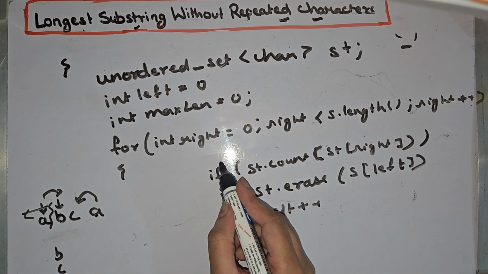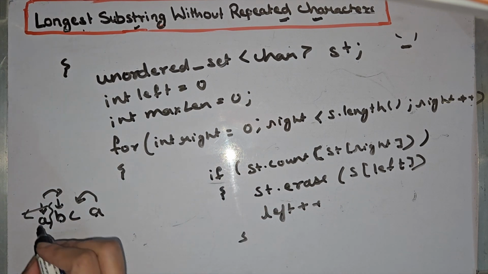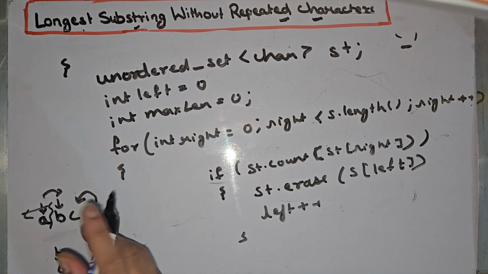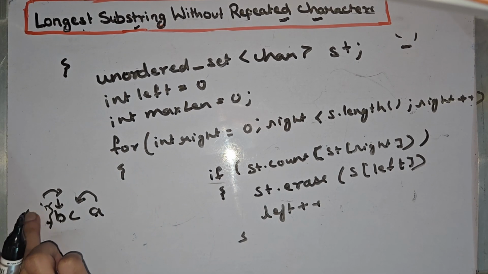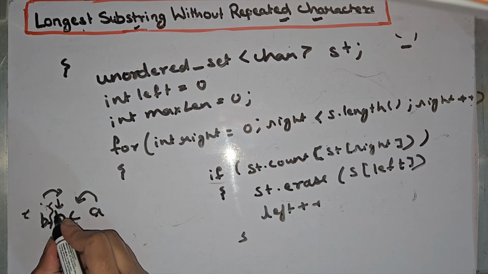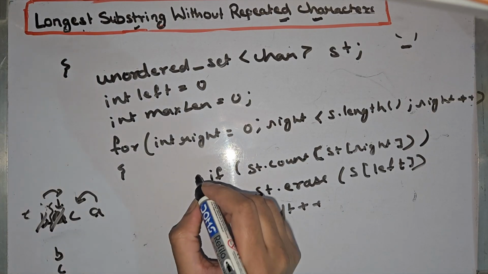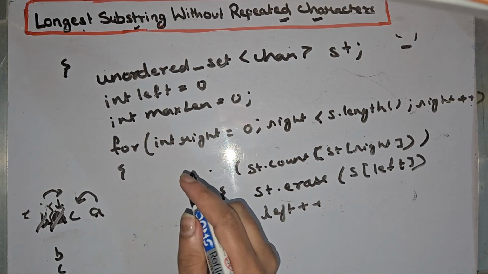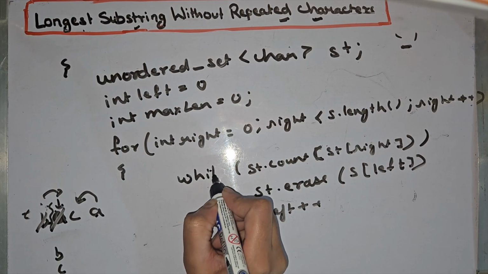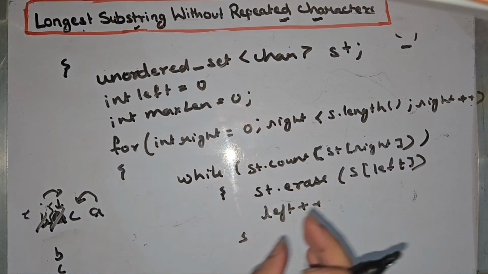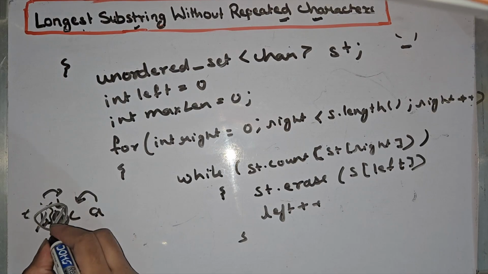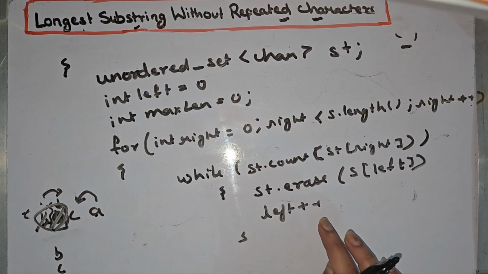But if we use if condition, it will only remove this particular character. What if we have this particular condition that A is not in the front but in between, let's say here. So we need to remove this also, this also. So we need to use while here. We need to keep popping until we have removed the duplicate character. So we have now removed the duplicate character.